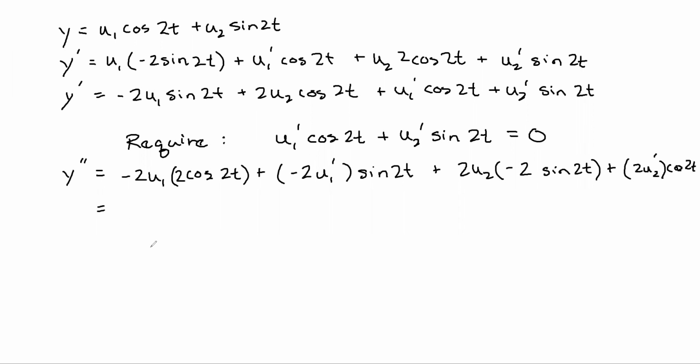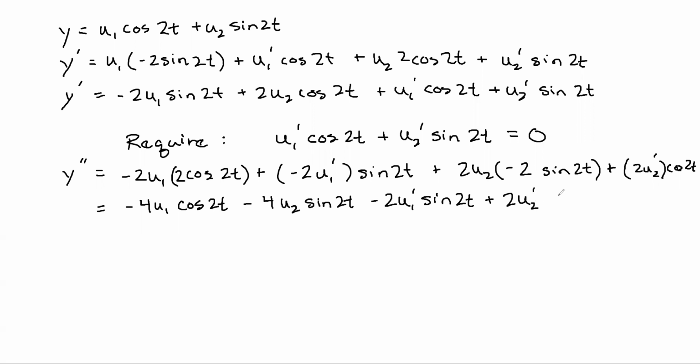And then we can go through and clean this up. We're going to sort it just like we did before. So we'll have negative 4 u1 cosine 2t, and then negative 4 u2 sine 2t, then negative 2 u1 prime sine 2t, and then positive 2 u2 prime cosine 2t.